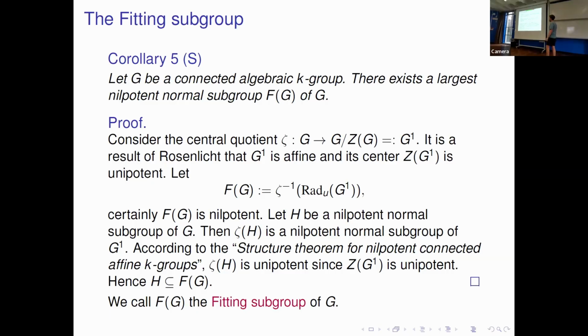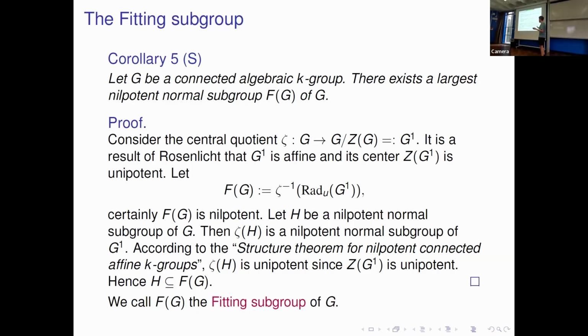You take the central quotient, G modding out by its center; we call this thing G1. It's a result of Rosenlicht from the 50s that the quotient is affine and its center is unipotent. So then we can just define this FG to be the pre-image of this restricted unipotent radical. It's certainly nilpotent: it's a central extension of a unipotent group, which is nilpotent. Why is it the largest such?